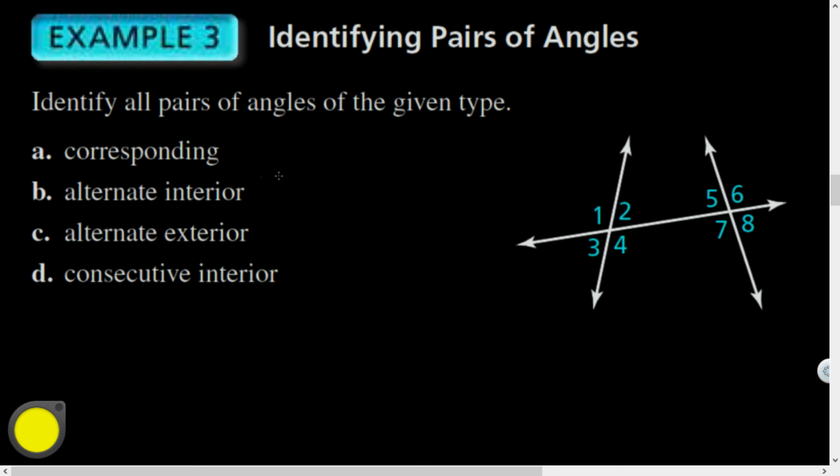Everyone does. So corresponding angles: angle 1 and angle 5 are corresponding, angle 2 and angle 6, angles 3 and 7, and angles 4 and 8, because those are the southeast quadrant for both of their intersections. Does that make sense? Alternate interior. What's an alternate interior to angle 2?